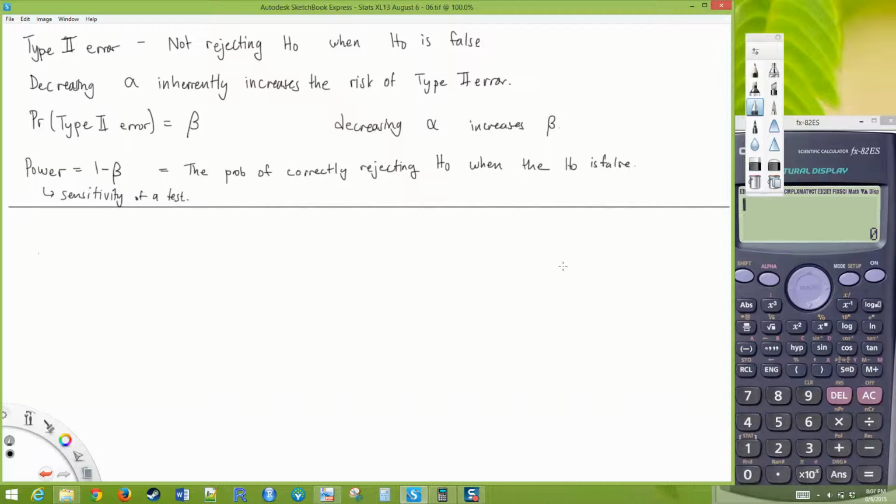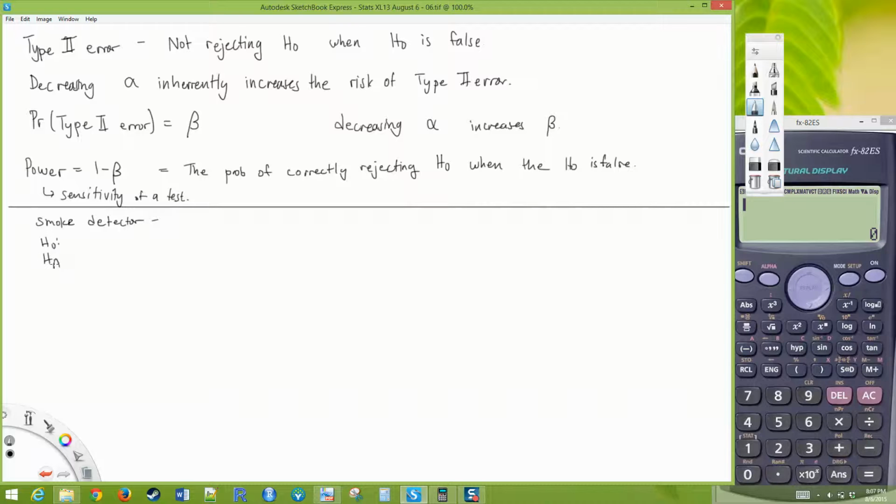Imagine a smoke detector. You install a smoke detector to inform you of when there's a fire. This is the purpose of having a smoke detector.